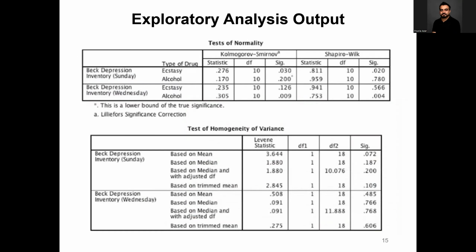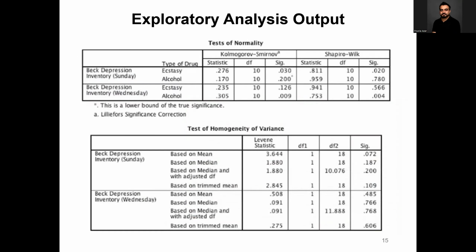And here are my tests of normality, Kolmogorov-Smirnov and Shapiro-Wilk, and the test of homogeneity of variance. So let's look at this. For Kolmogorov-Smirnov, the significance value for alcohol is not significant, but for ecstasy it is significant.